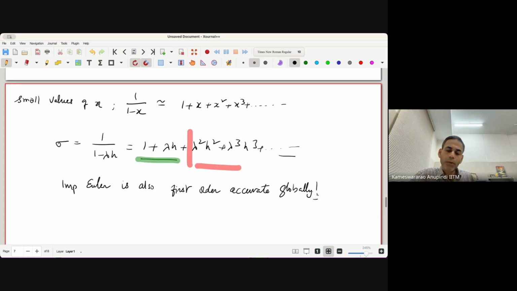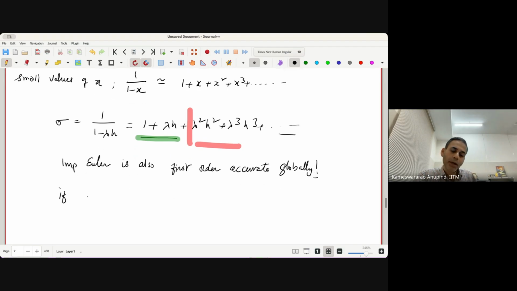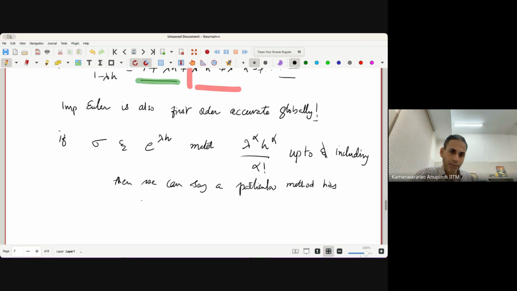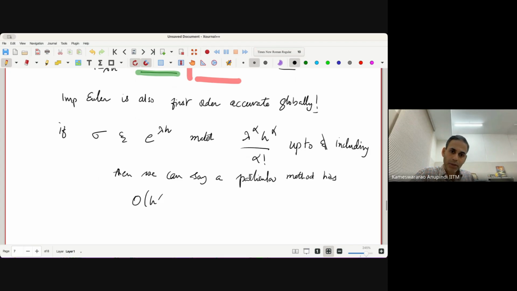Now, from now on, instead of saying what is the term that is being truncated as the local order of accuracy, we can say if the terms in sigma and the terms in e to the power lambda h match up to and including h power alpha lambda power alpha by alpha factorial, then we can say that a particular method has order h power alpha as the accuracy.